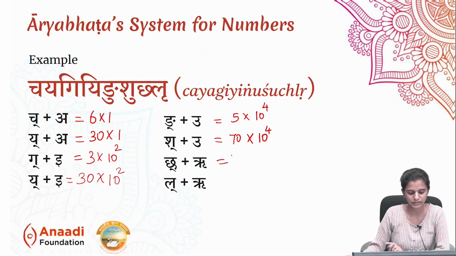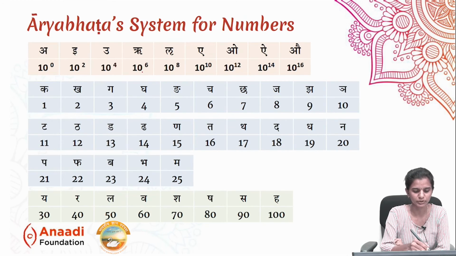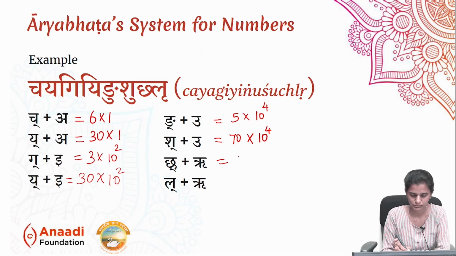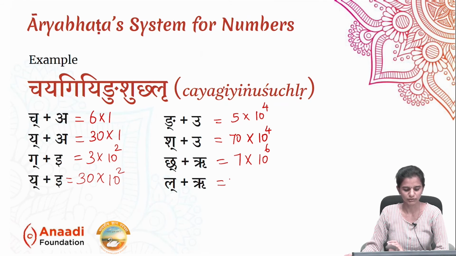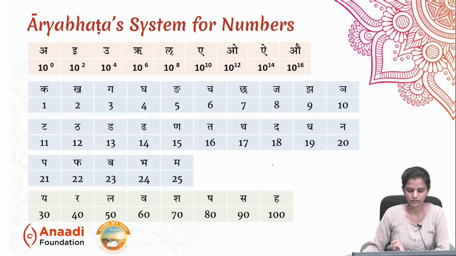The value for ich is, ch is 7 here and r is 10 power 6. Then we have il plus r. We already know the value for r is 10 power 6 and the value for l is 50.